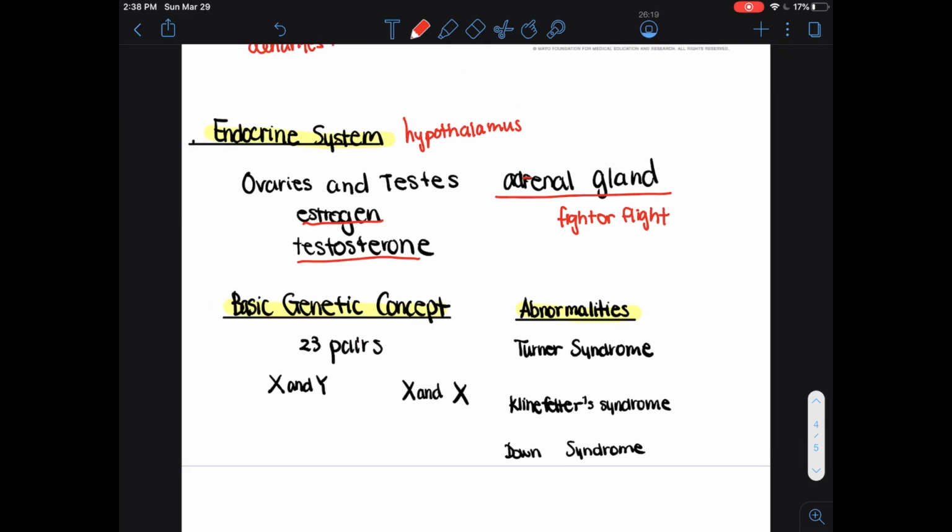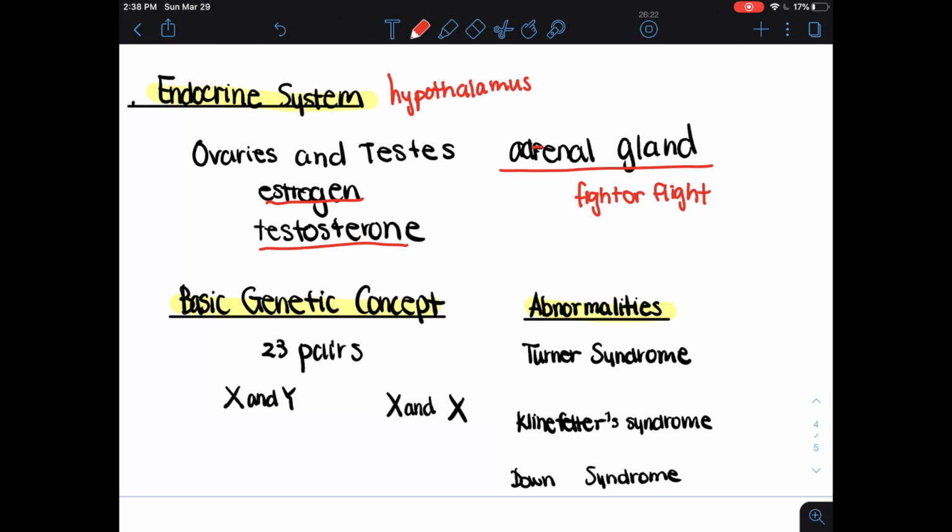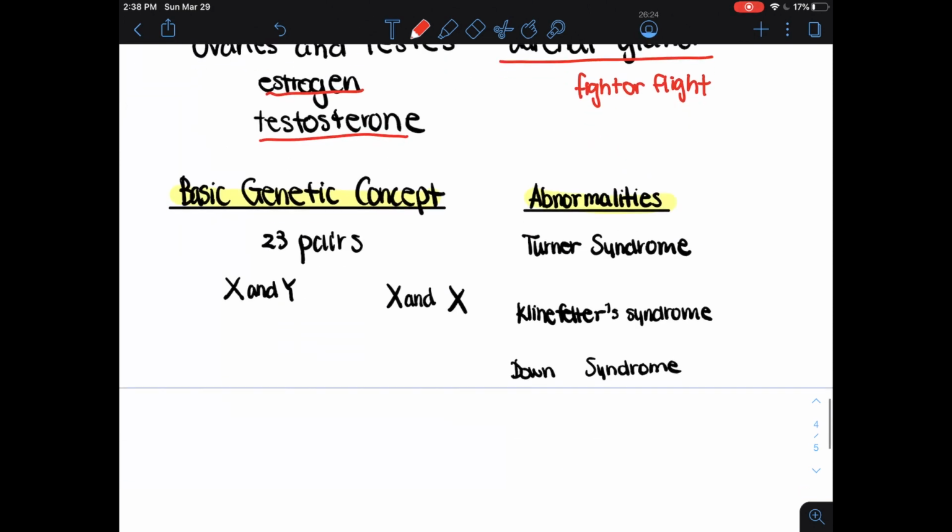Okay, so for genetics, the basic genetic concepts: you have 46 chromosomes, which are divided into 23 pairs. You have 2 recessive genes. That's where your trait is expressed.